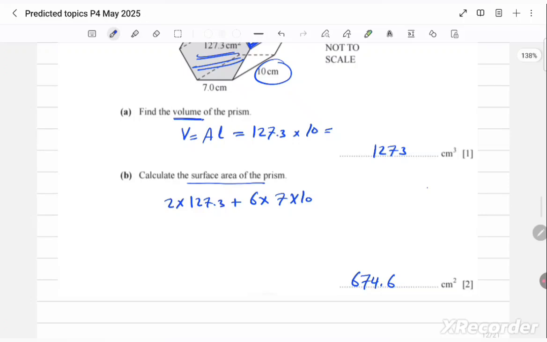You may write it like that, or someone can write 675, because with three significant figures, it will be right.